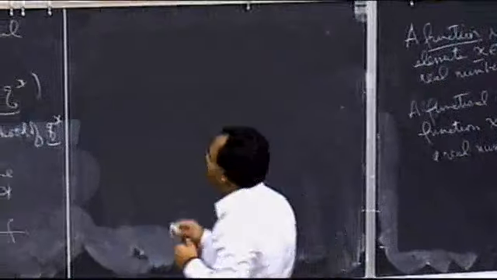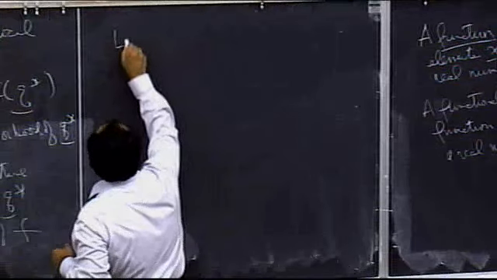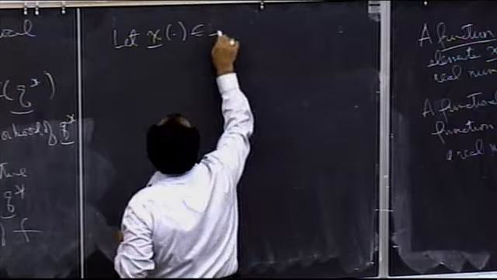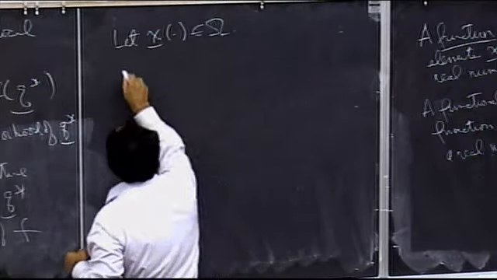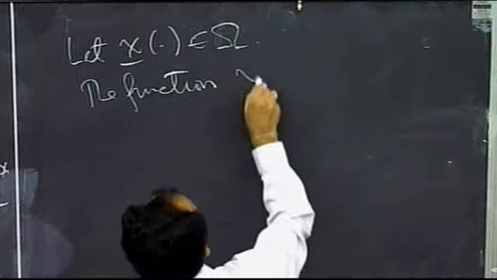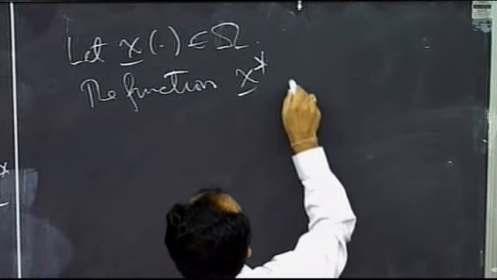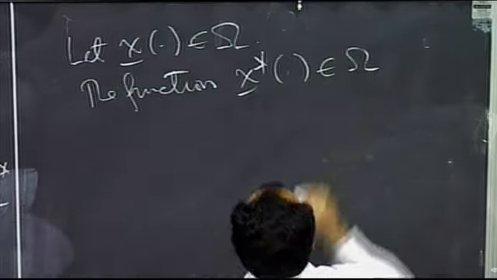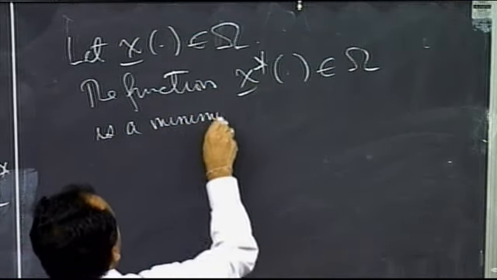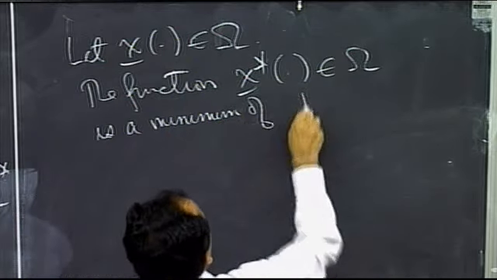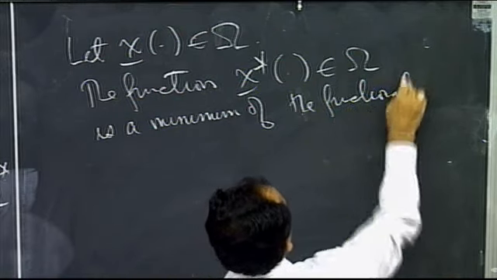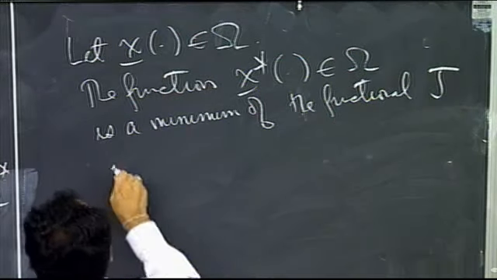Suppose we let x be an element of omega, and we say the function x star, which is an element of omega, is a minimum of the functional J if what is true?